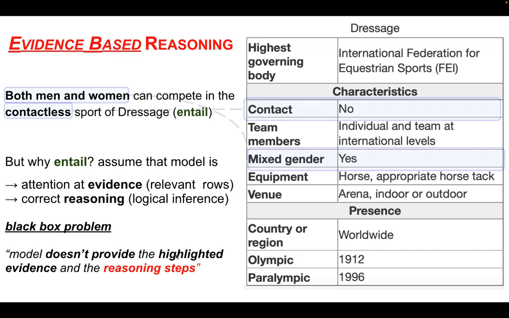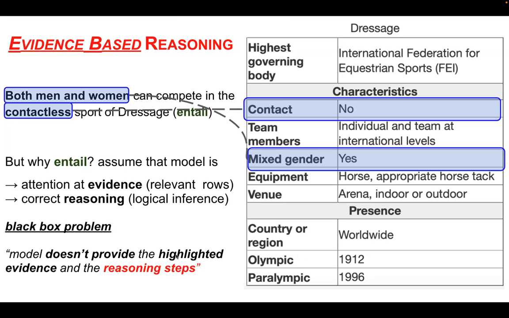For example, the model needs to know that both men and women corresponds to the mixed gender row, whereas contactless corresponds to the contact row. Both men and women can means mixed gender needs to be yes, and contactless means the row contact should be no. Existing models do not provide this highlighted evidence and do the required reasoning steps.